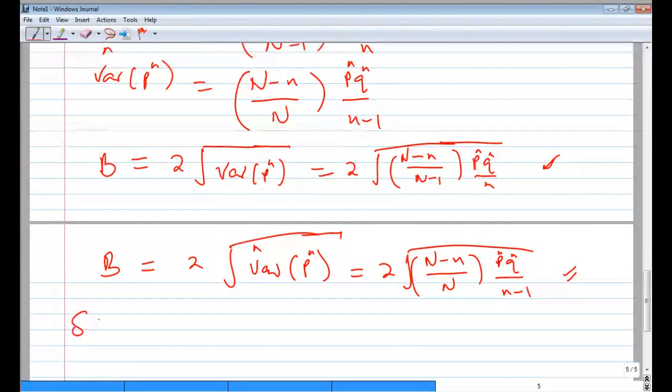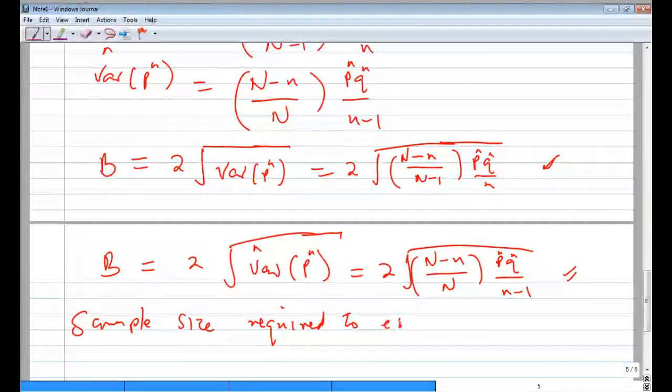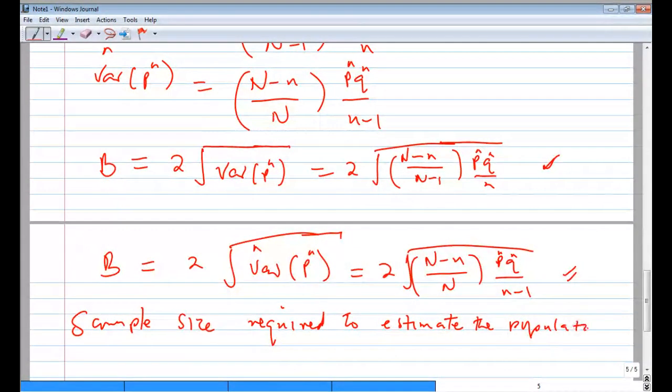We say sample size required to estimate the population proportion.